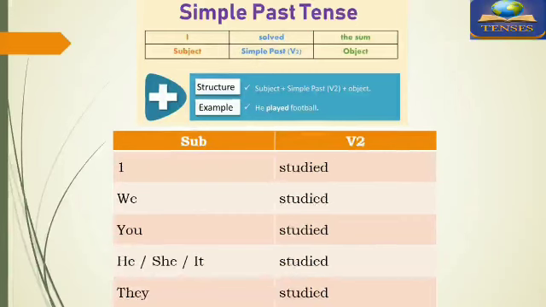I studied, we studied, you studied, he, she, it studied, they studied. And here to the V1 form we will add ed or d to make the past tense. For first person, second person and third person we use the V2 form for all the persons.